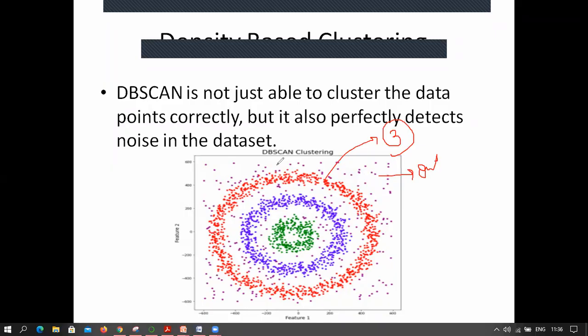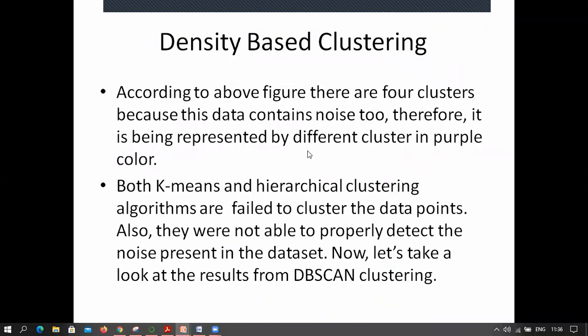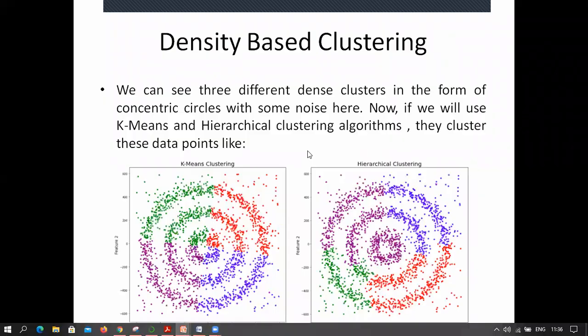So if you have data points of different densities, separated by some low density areas, in that case we can't use k-means or hierarchical clustering. That's why I said that both of these algorithms have this disadvantage, that they are not able to handle outliers.